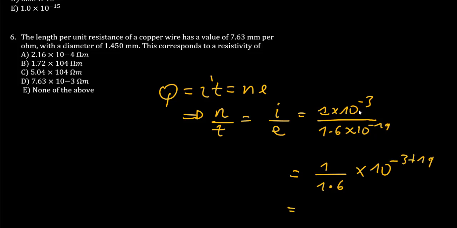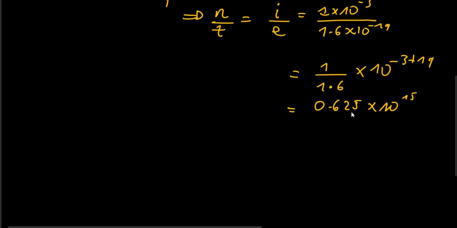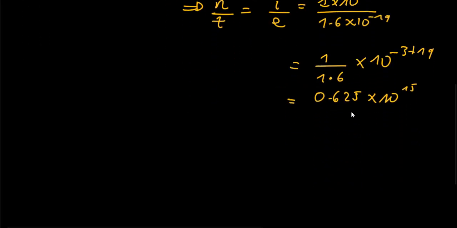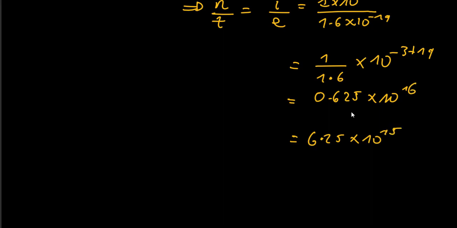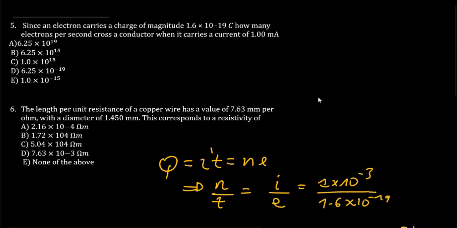So 1 divided by 1.6 gives 0.625. So here we have 0.625 times 10 raised to the 19 minus 3, that is power 15. If you rearrange, this is equivalent to 6.25 times 10 raised to the power 15. So the correct option would be B.